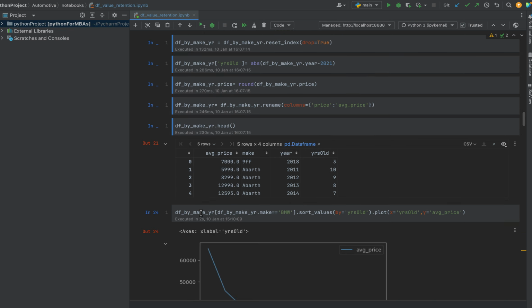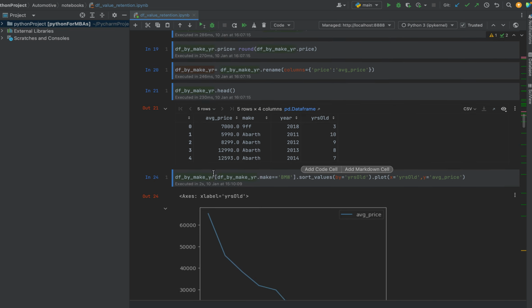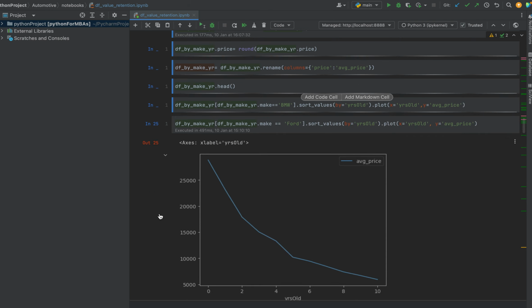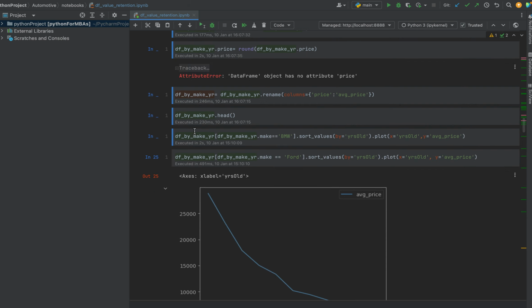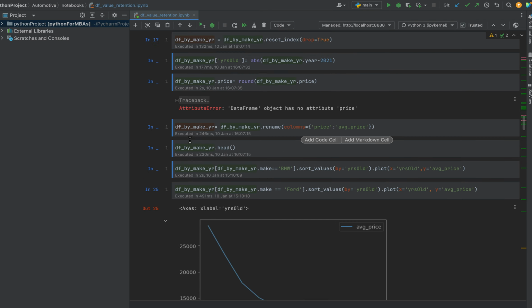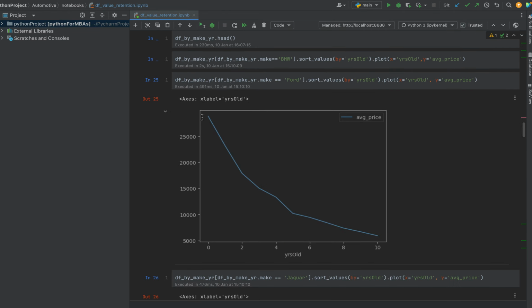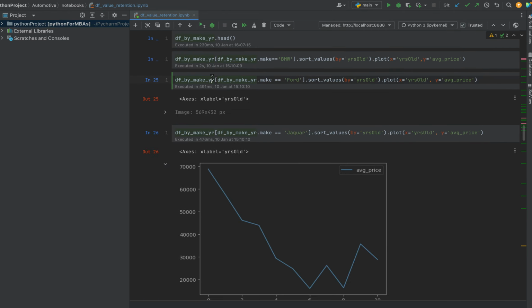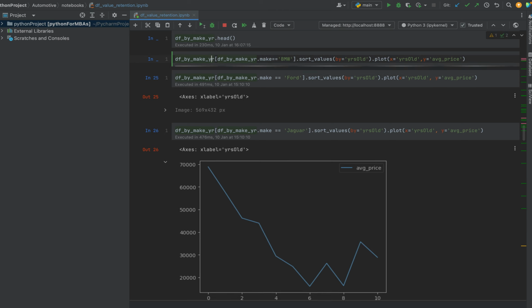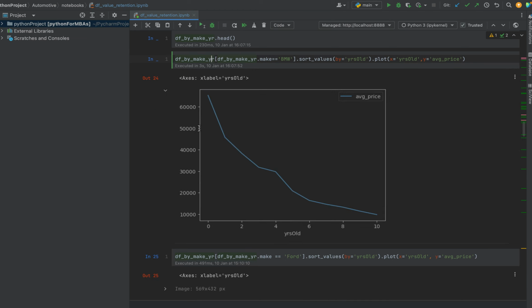And then we can start looking at some major makes. So let's look at BMW.